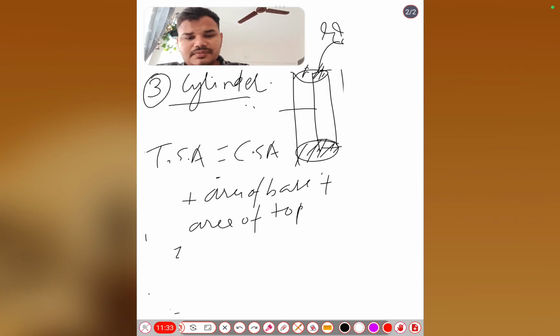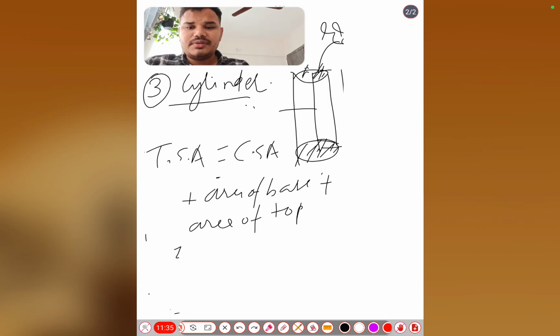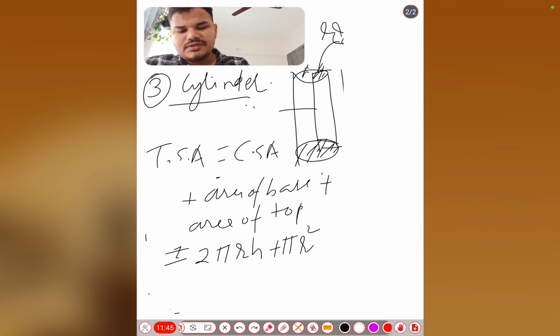As we know, the curved surface area we already found in the previous step, that is 2 pi r h, and the area of base is pi r square. We know the area of a circle; similarly the area of top is again circular, that is why it's pi r square. So we can write pi r square here.